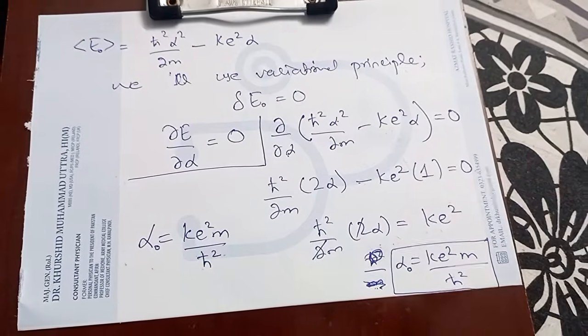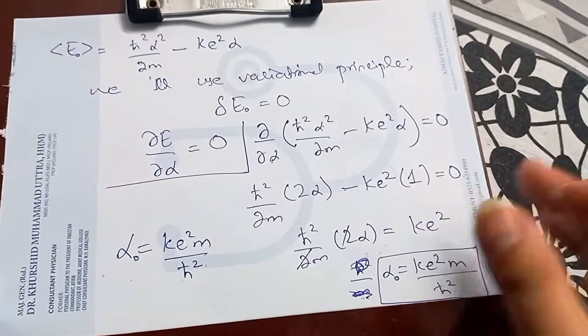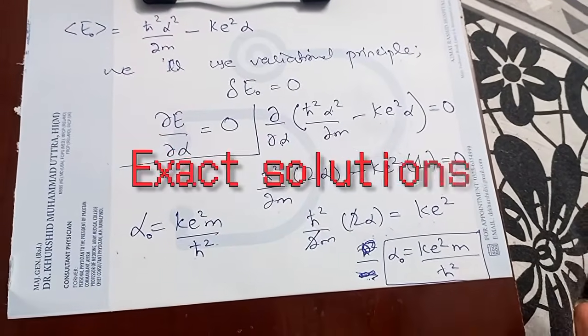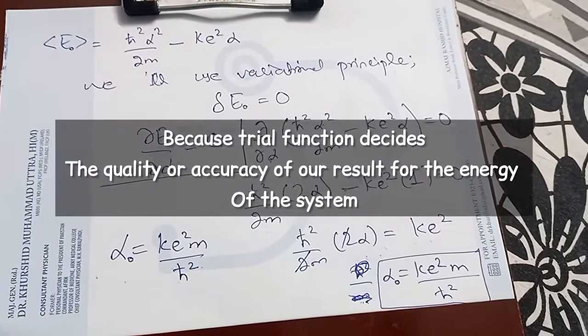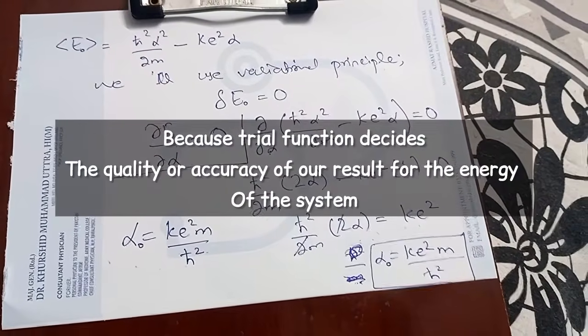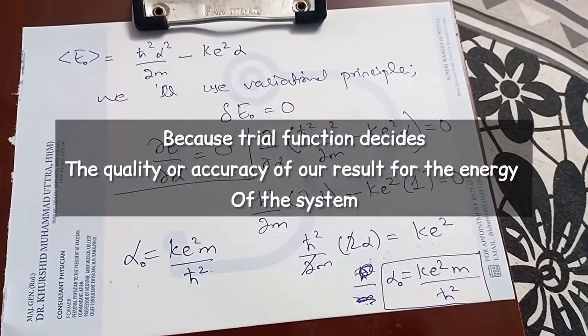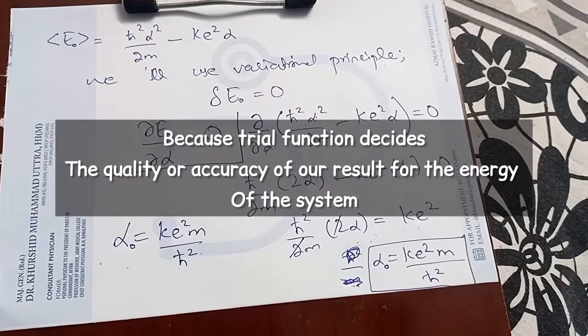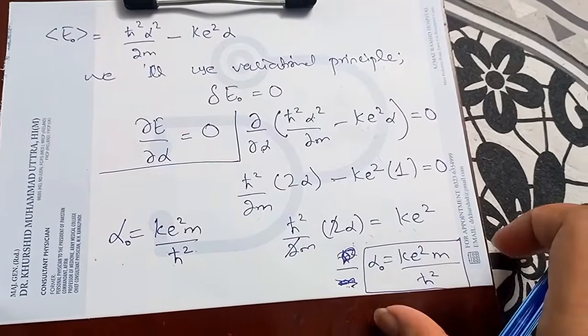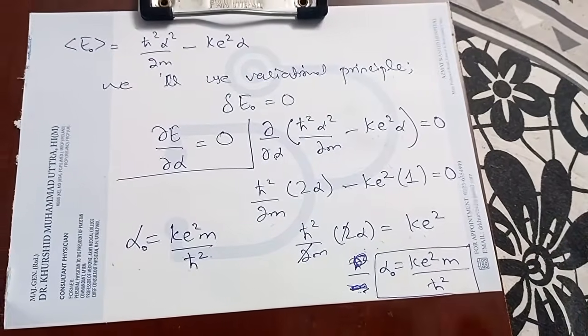Using this principle, using this method, we try to get as close to the exact solution as possible under the influence of the trial function that we have chosen, under the limitation of the trial function we have chosen. If the trial function was the best choice, then this minimization process enables us to get the exact solution.